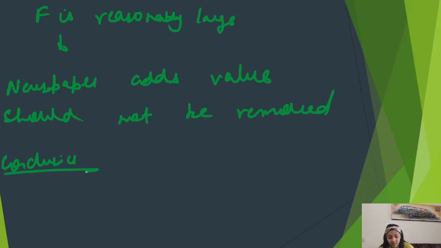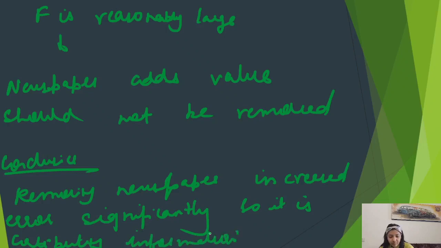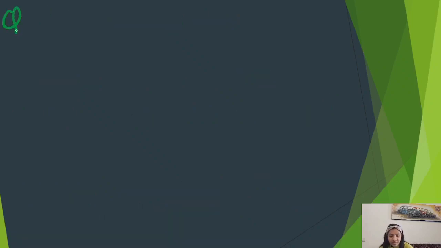We can conclude that removing newspaper from my model increased error significantly, so it is contributing some information, hence should not be removed. Contributing information, right?